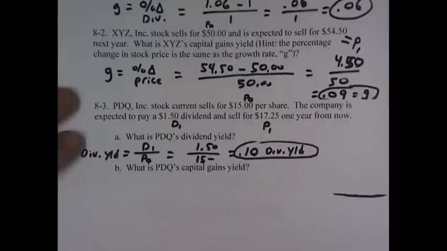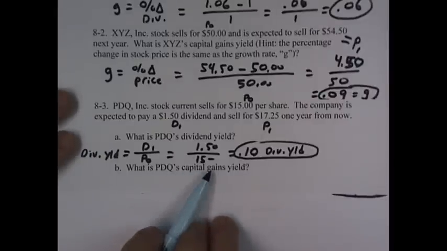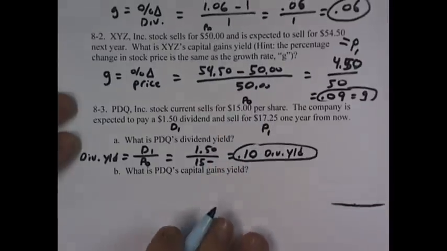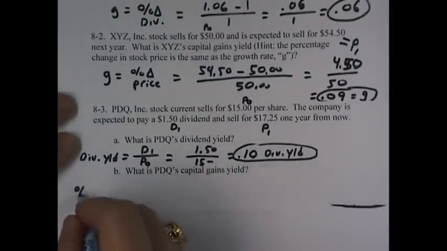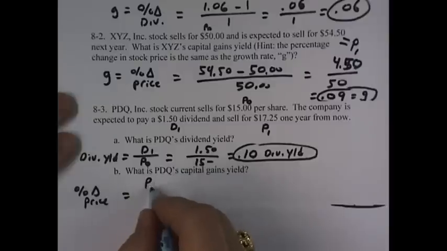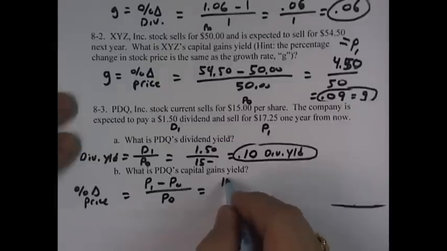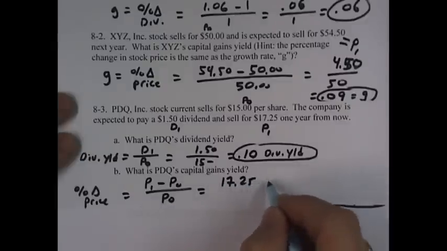Part B says, what is PDQ's capital gains yield? That is the growth rate in the dividend. It's also the percentage change in the stock's price. So we'll calculate the percentage change in price, P1 minus P0 divided by P0. So the price will be $17.25.